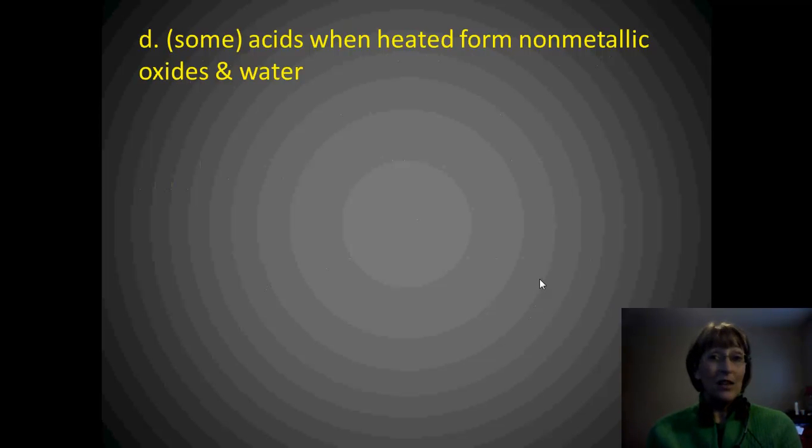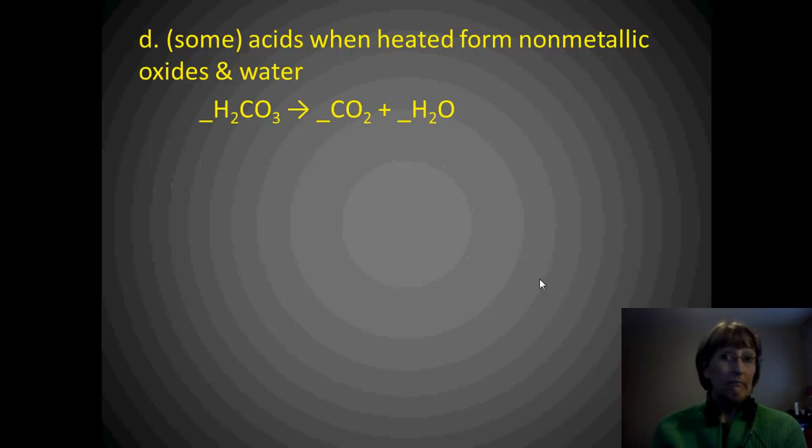Some acids, when heated, form non-metal oxides and water. That would mean we'd have something like this. We have this hydrogen carbonate, we call this carbonic acid, and we heat it, and we separate it out. We've got CO2, the non-metal oxide, carbon dioxide, and we have water.